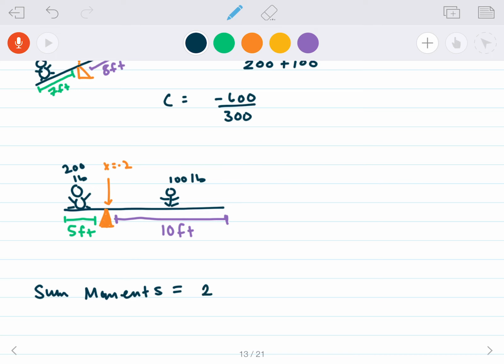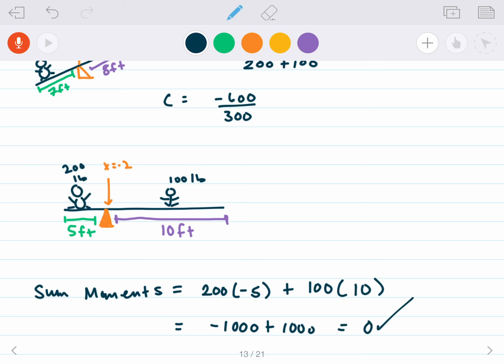This time we have 200 mass times displacement. This time it's -5, right? Plus mass is 100 pounds times displacement. This time it's 10. And we can see that we get -1,000 plus 1,000 is equal to 0. So yes, the sum of the moments equals 0, and the seesaw is indeed balanced.